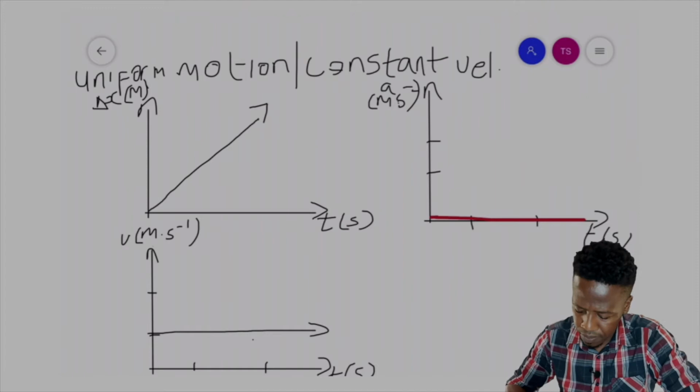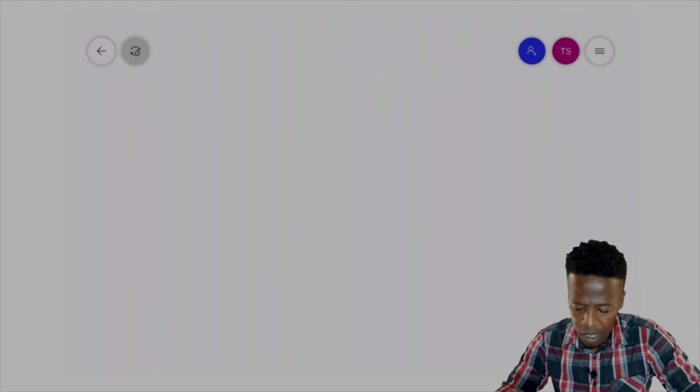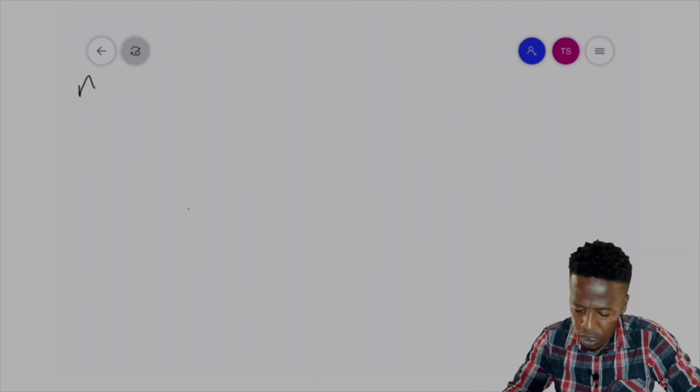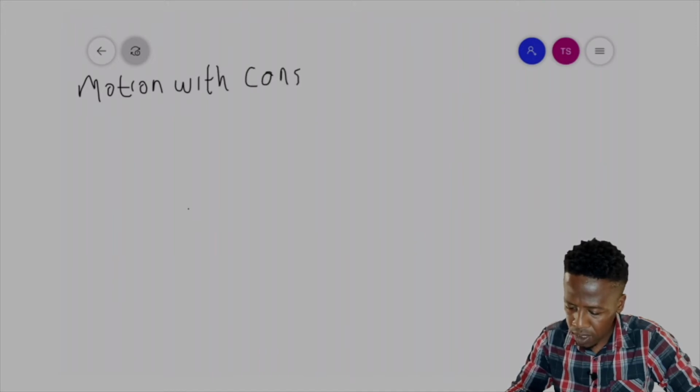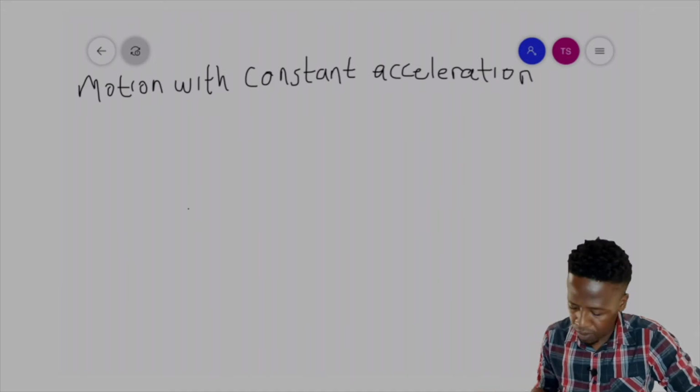Now another form of motion, represented graphically, would be motion with constant acceleration, right?